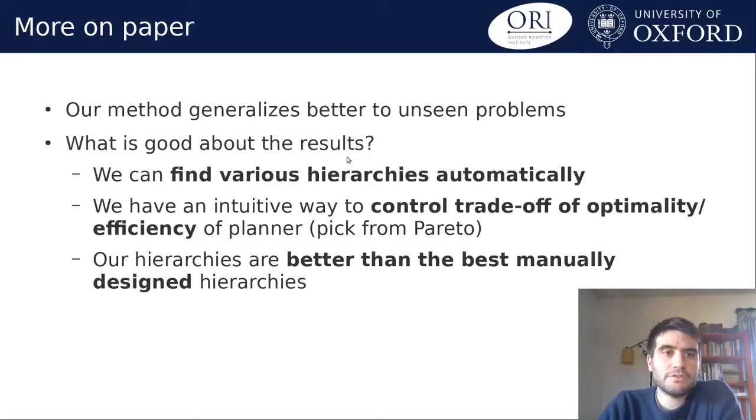In the paper, you can also see how our method generalizes better to unseen problems, but the conclusion is that we can find various hierarchies automatically, and that we have an intuitive way to control the trade-off between optimality and the speed of the planner. Basically, you just pick a solution from the Pareto front, and then you can choose how fast your planner is going to be. And our hierarchies are better than the best manually designed hierarchies, which could have big impacts in the way we design hierarchical planners.